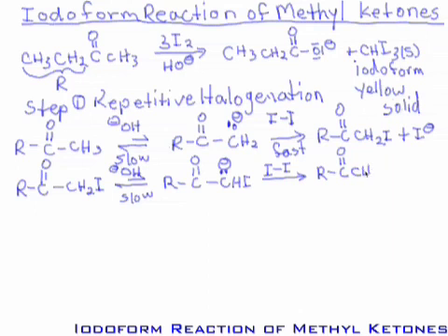So we now have CHI2 forming here. We kick out an I minus. And of course, the anion gets more and more stabilized. Still slow.